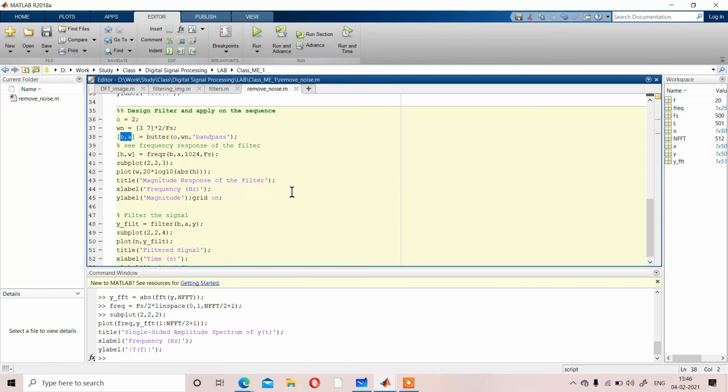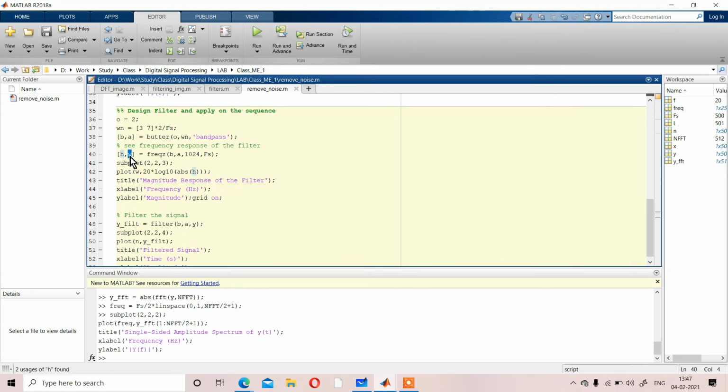So B, A are the coefficients of the filter, and depending on those coefficients the filter is designed. Here H and W: H defines the magnitude, W defines the phase.